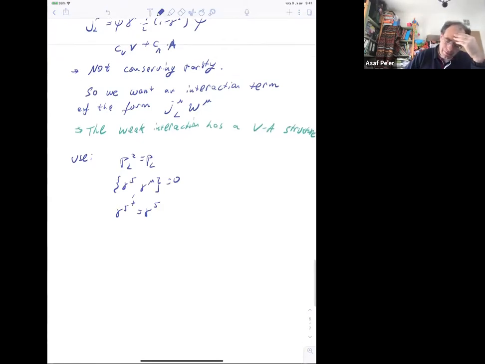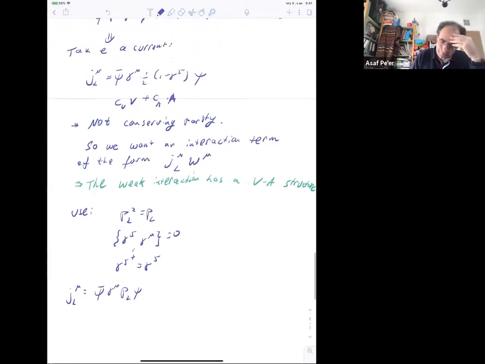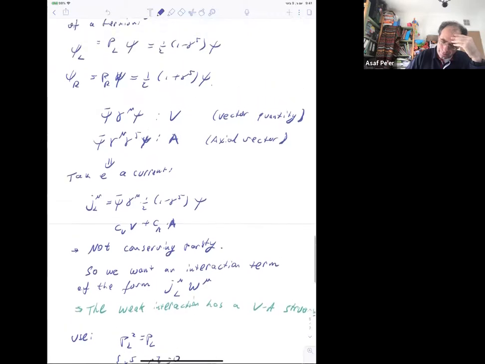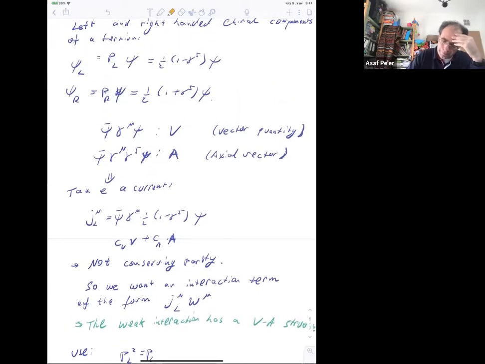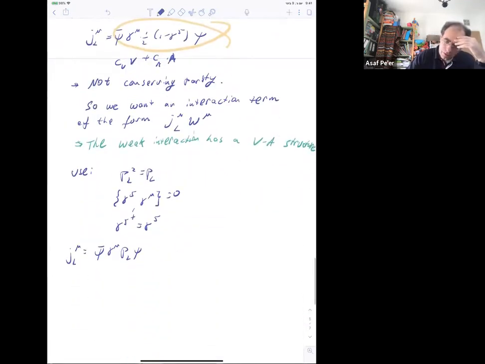And then we write down the current J L mu. What's really written here is just psi bar gamma mu PL psi. So this is psi dagger gamma 0, and then gamma mu and PL, which I can double.